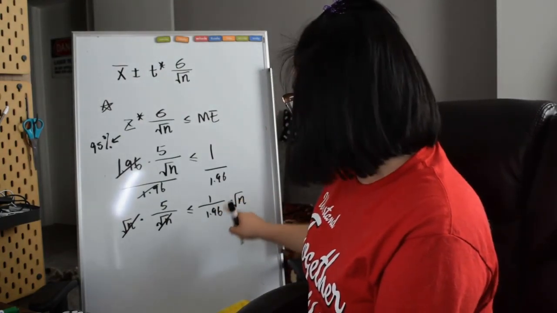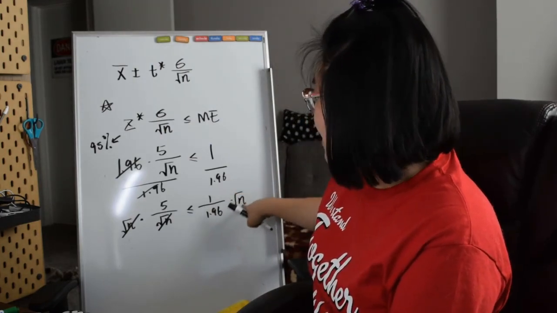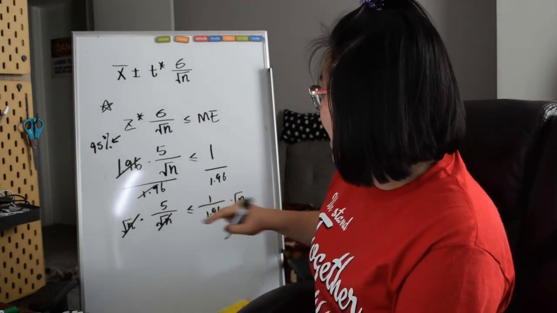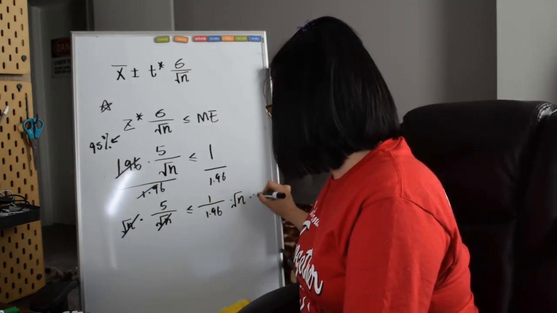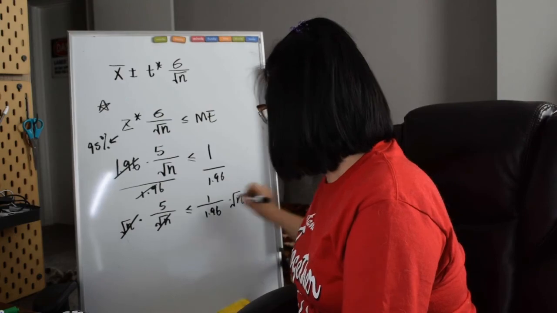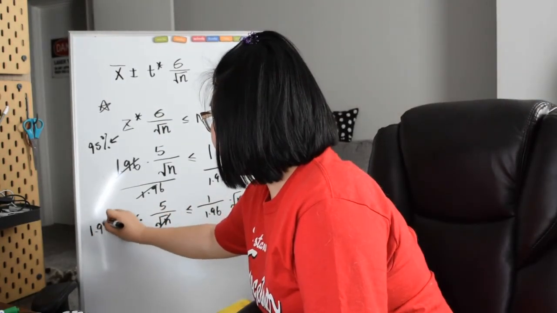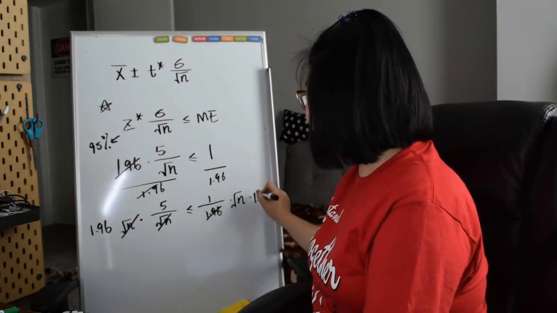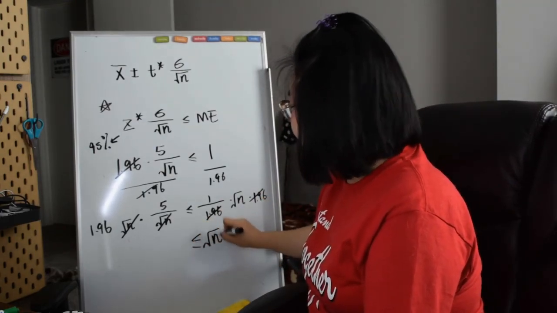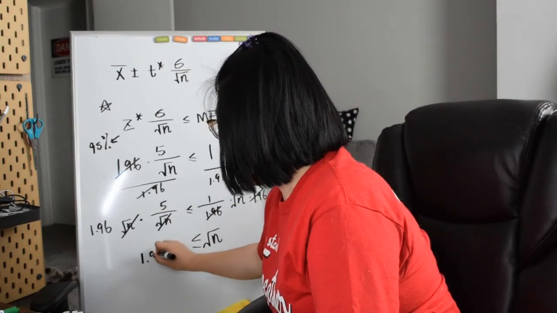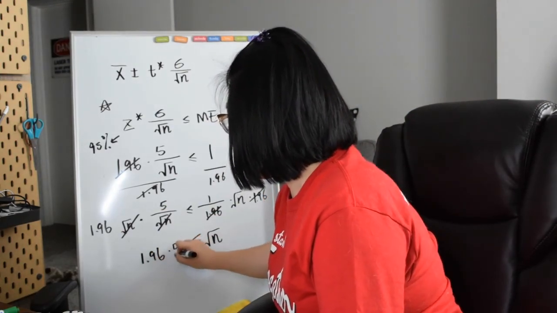Over here we want this n, so we want to get rid of this 1.96. So I'm gonna multiply by 1.96 on each side. So 1.96 cancels out. This side we have radical n, and over here I have 1.96 multiplied by 5.